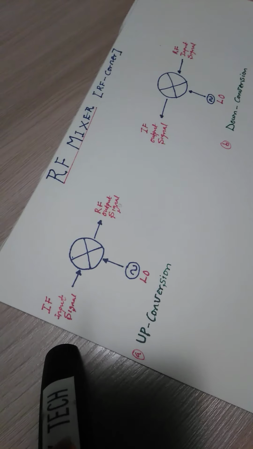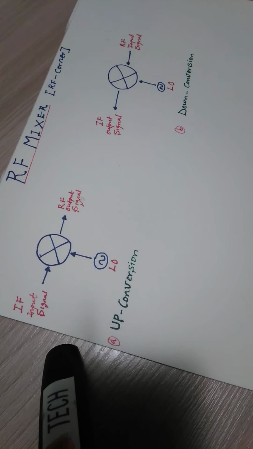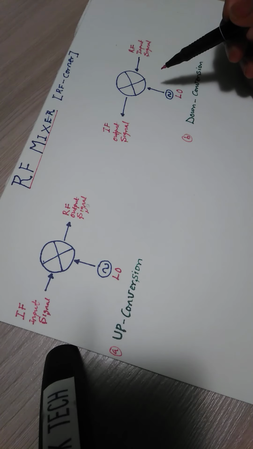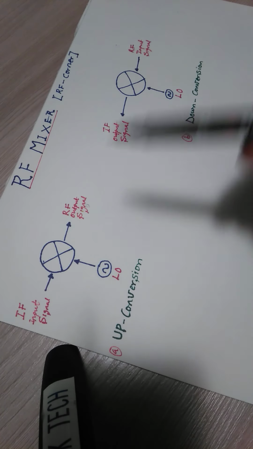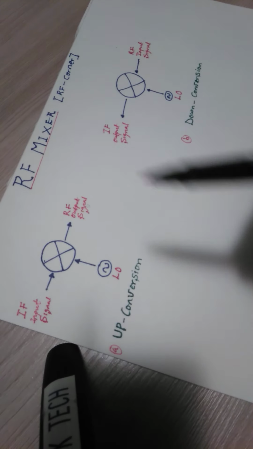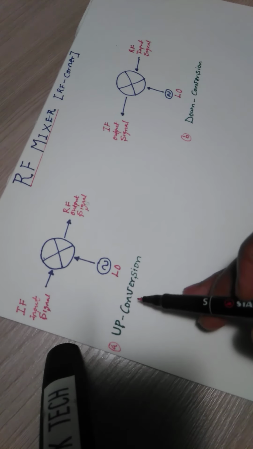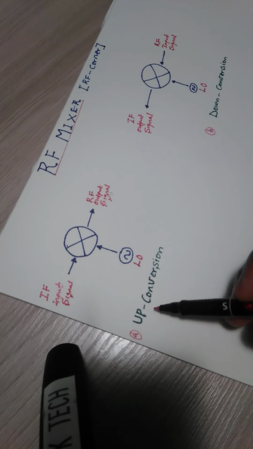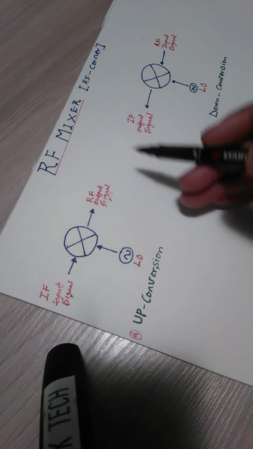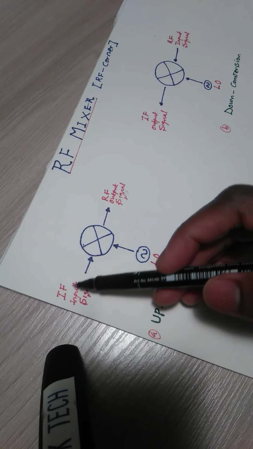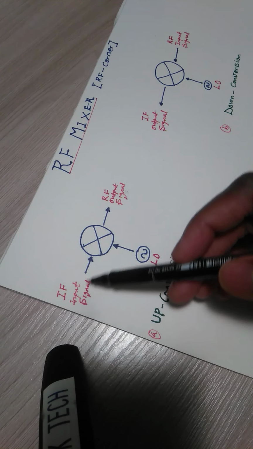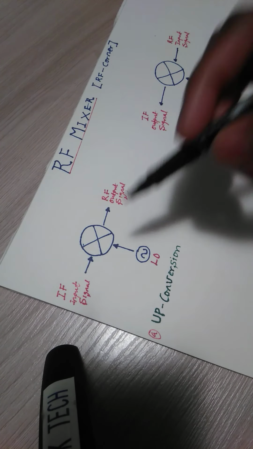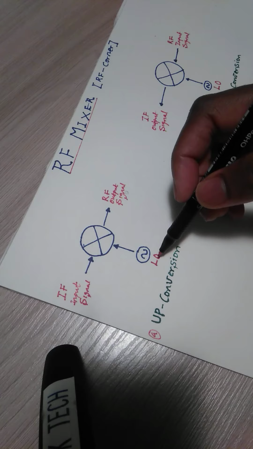Okay, good. So now back to our symbol level. At symbol level, we have two types of ways of using RF mixers. In one particular form, it could be up conversion. Up conversion is when you are sending an intermediate frequency as an input signal into the mixer, and you are mixing it with a local oscillator.